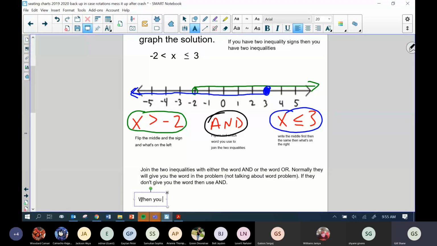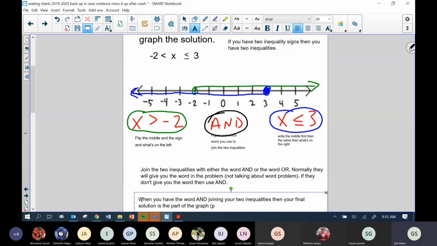So when you have the word "and" joining your 2 inequalities, then your final solution is the part of the graph or number line, same thing.